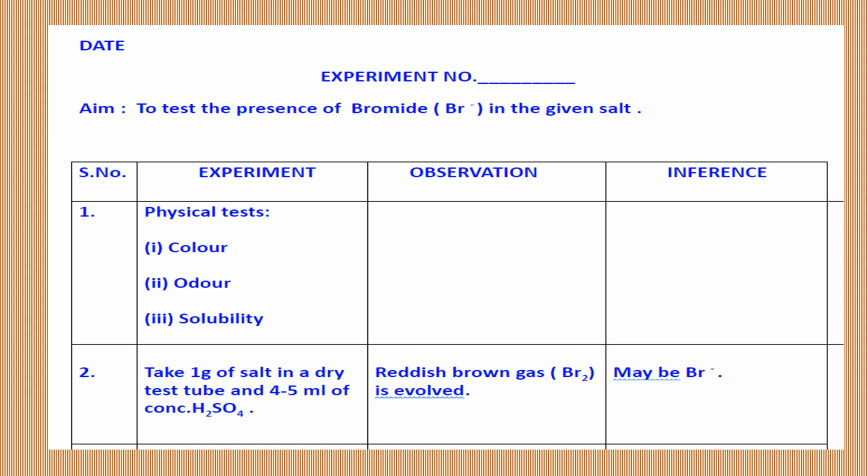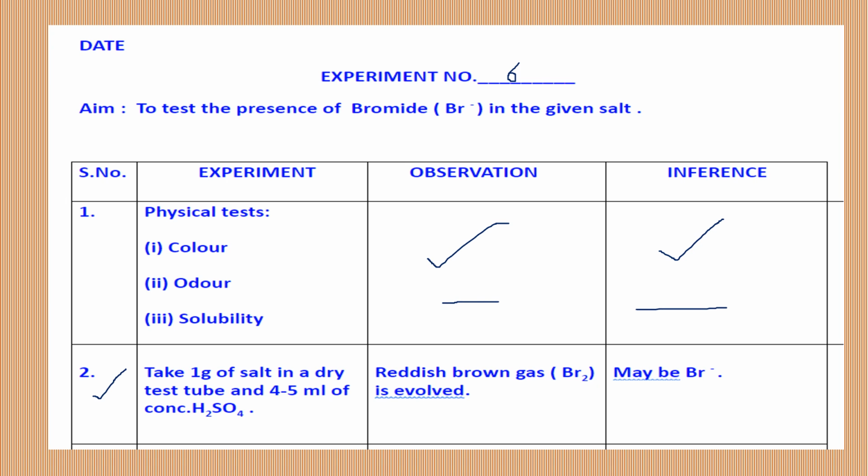The next is bromide ion. This will be experiment number 6. To test the presence of bromide ion, physical tests are to be done in the lab, and then the chemical test when you do 1 gram of the salt. Obviously this will also be done in the lab, but here we cannot fill it right now.